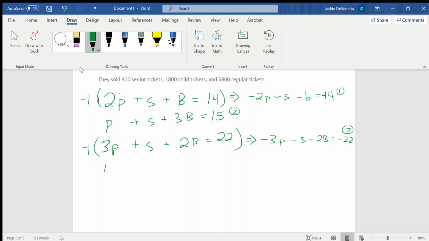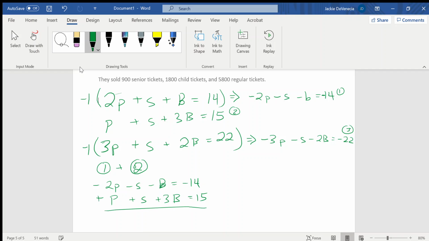So let's bring together 1 and 2. I'm just writing them over each other, is equal to 15.